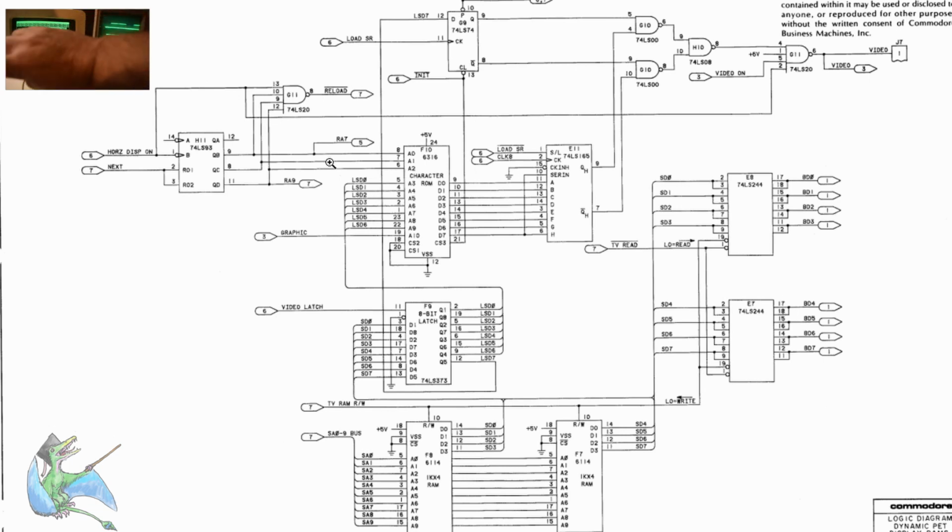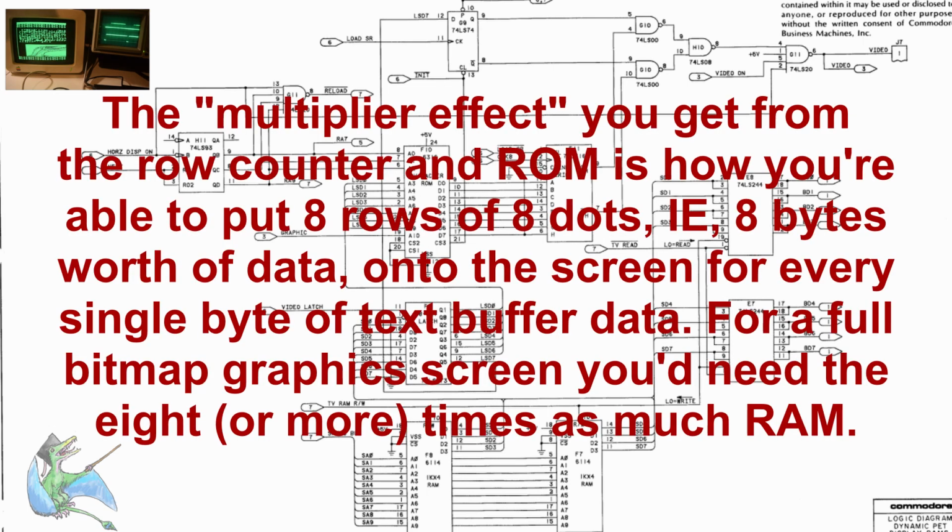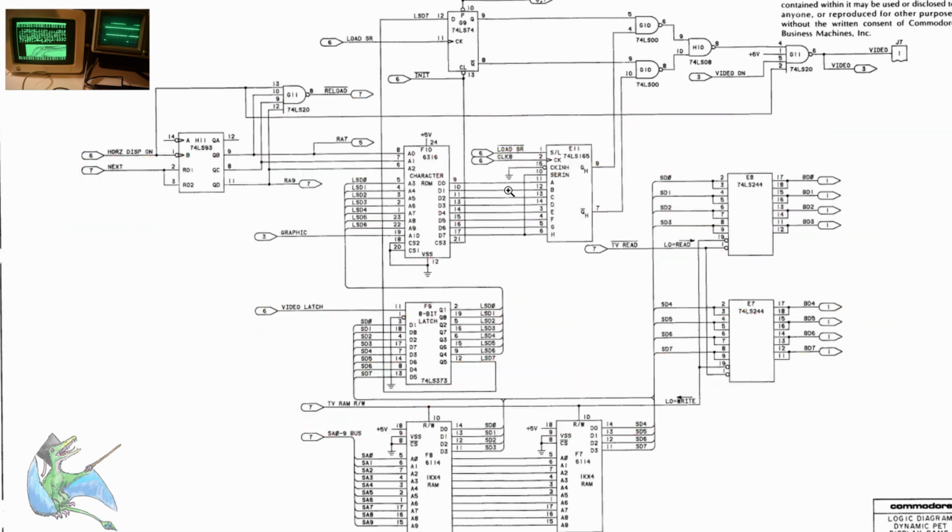So this counter goes 0, 1, 2, 3, 4, 5, 6, 7 over and over again. And so the 8 lines that make up each character are stored sequentially. So as this will be updated on each line, the correct character will be chosen in this. And this line that says graphic with A10, this character ROM actually has 2 sets of pictures in it, 2 character sets that will switch.